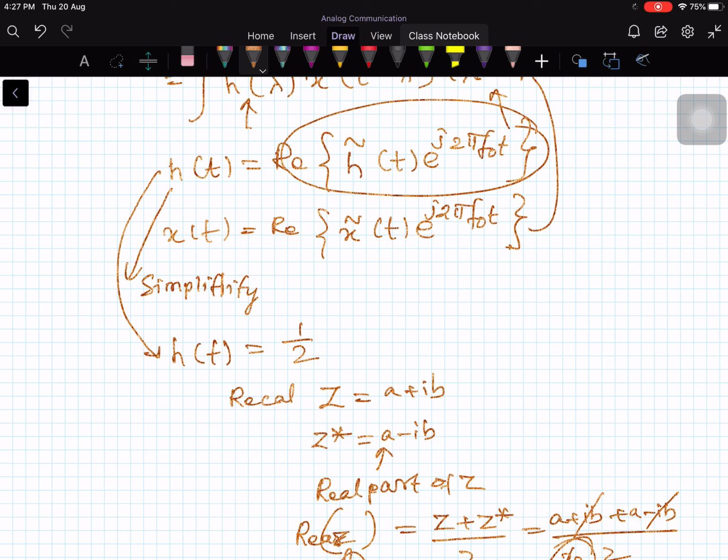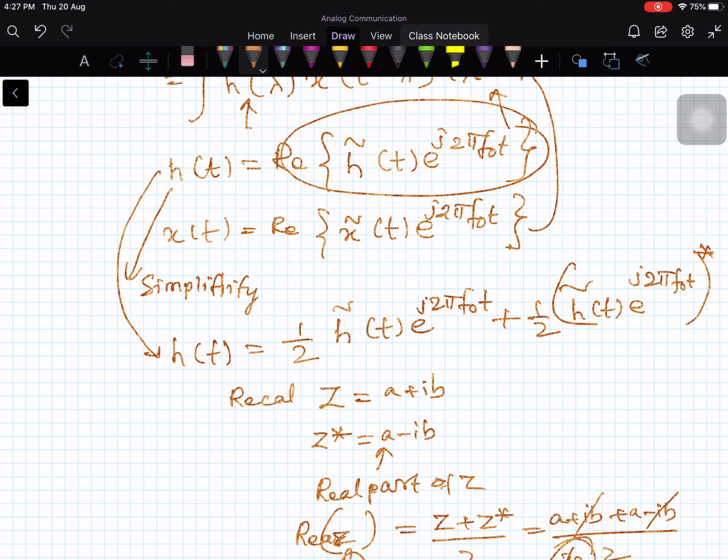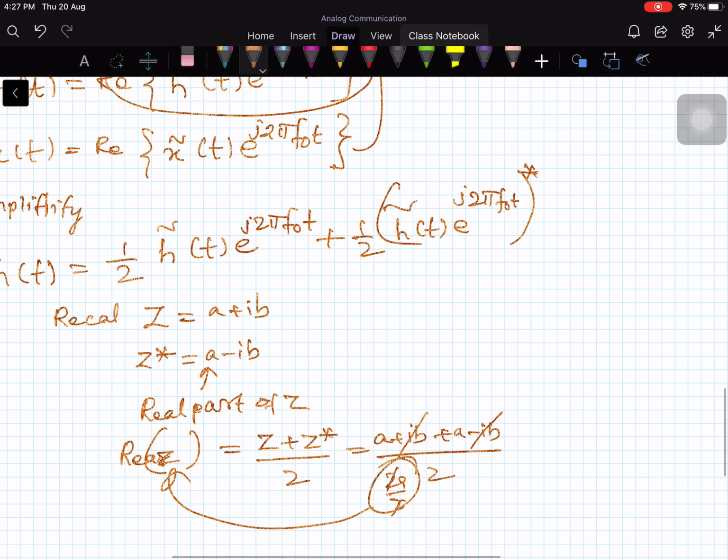that complex number h tilde of t times e to the j2 pi f naught t, plus 1 half of its complex conjugate, like this. So this is my h of t.